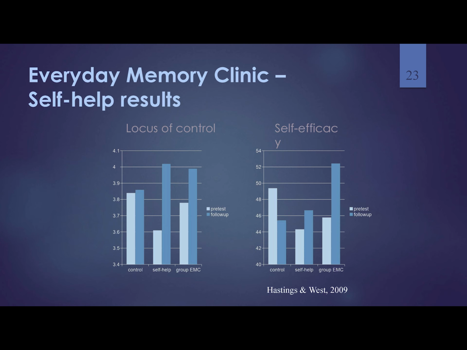But interestingly, in the self-help group, we had the highest dropout rate because people don't like doing it on their own. It's more fun in a group, but I promise you, if you stick to it and you do the exercises on your own, it's a 6-week course of recommendations in the book, you will significantly improve your memory. And what's more important, and this is where I need my LED, which is not working.